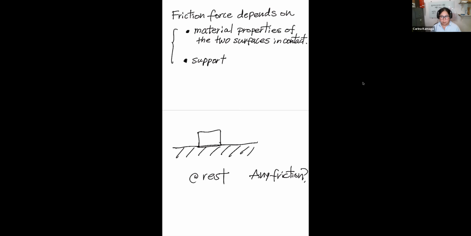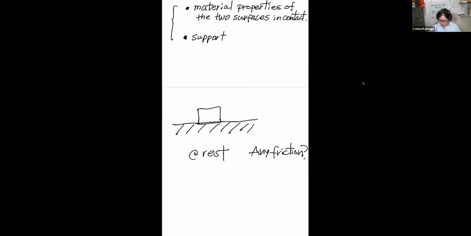Draw the forces applied on the object that's at rest on a flat surface. No friction force. There is a gravitational force, vertically downward. There is a normal force perpendicular to the surface. They're equal in magnitude and in opposite direction. Net force equals 0. That's why it's at rest.